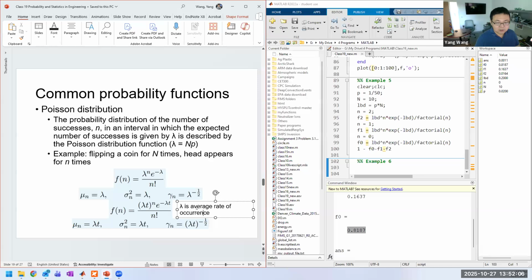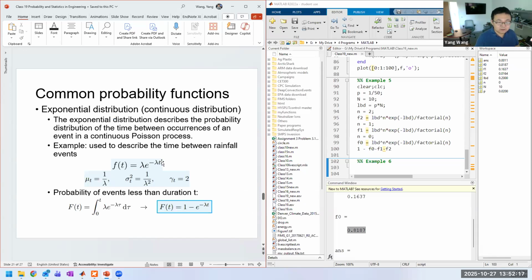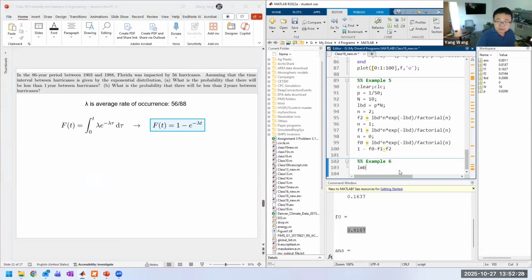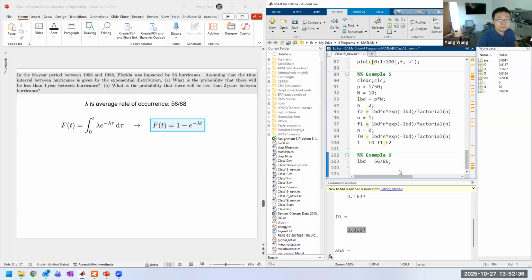So this is basically the probability of the event on a unit basis, right? So if you consider this to be the case, which will involve the t calculation here, lambda is going to be the average occurrence of the hurricanes, right? Which is going to be 56 divided by 86, right?